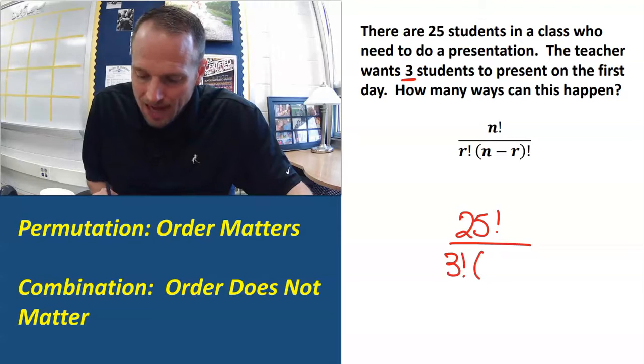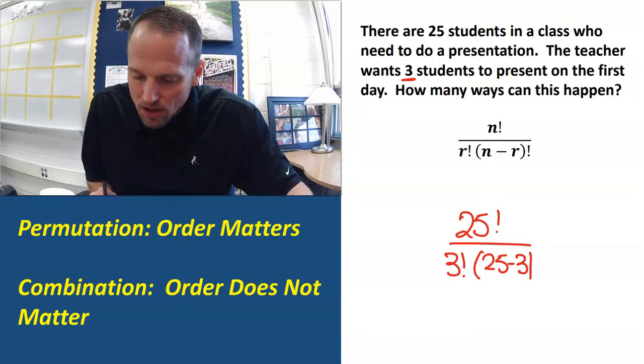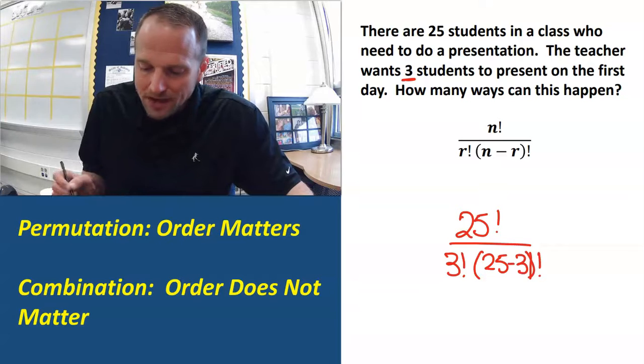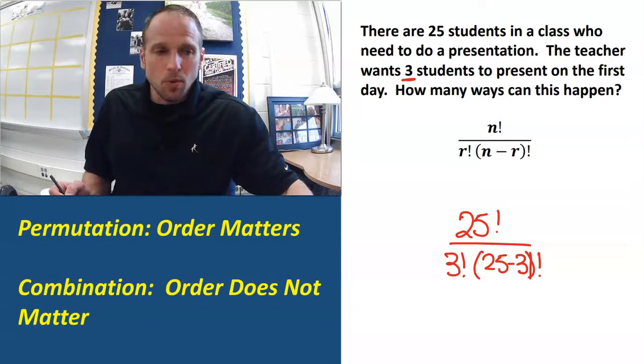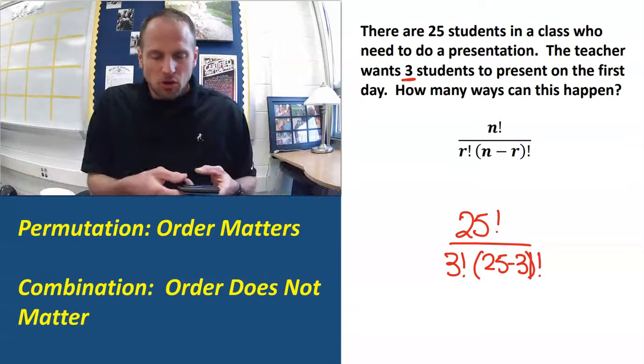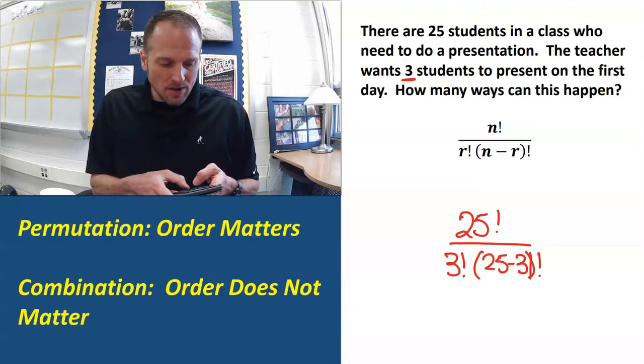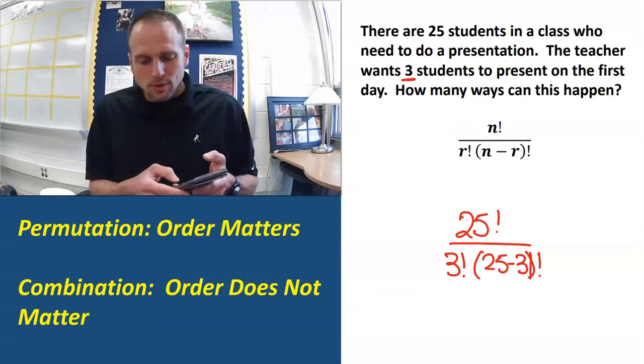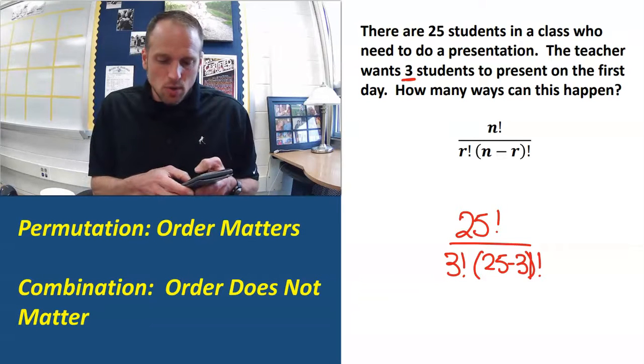And n is 25 minus 3 factorial. Going to be easy, no sweat. Let's just put this into our calculators: 25 factorial over 3 factorial times 25 minus 3 factorial.